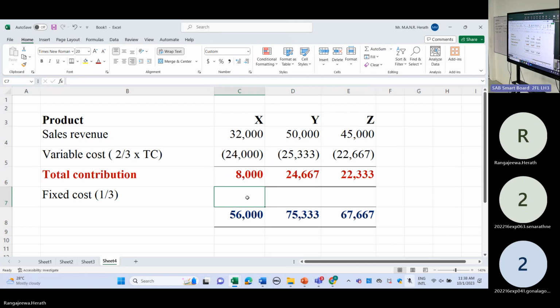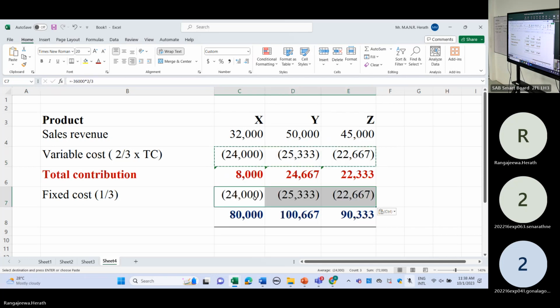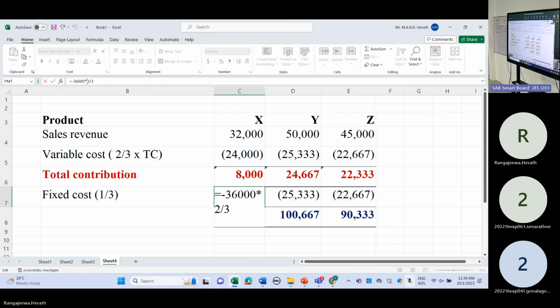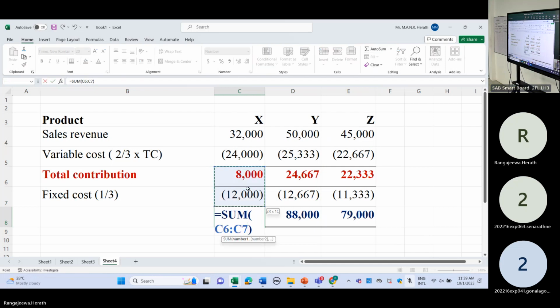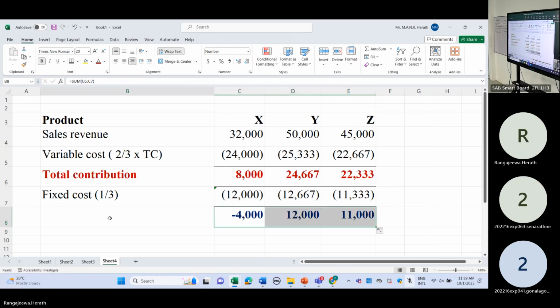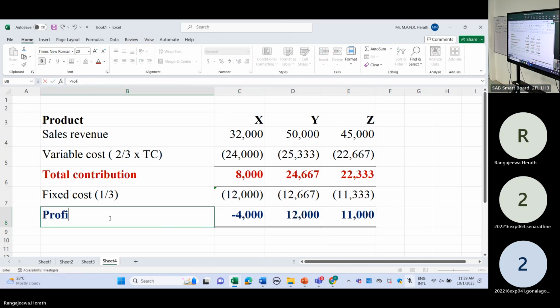So that is 36,000, 1/3; 38,000, 1/3; and 34,000, 1/3.